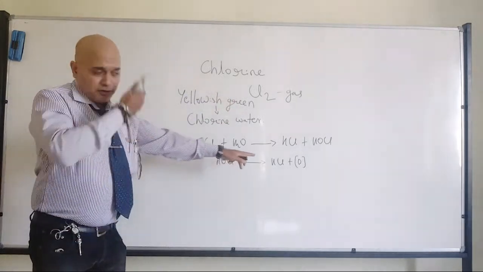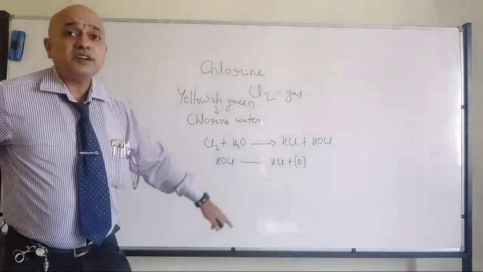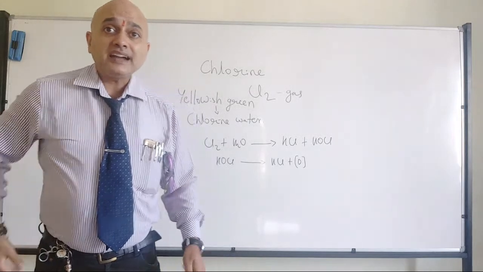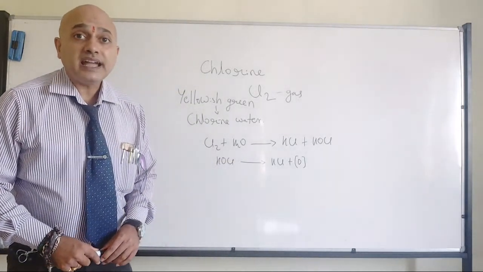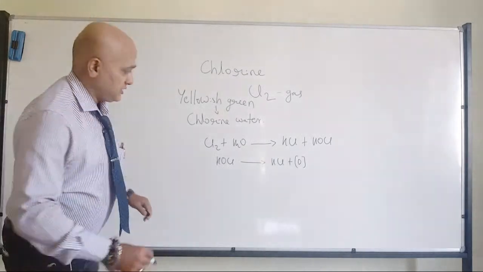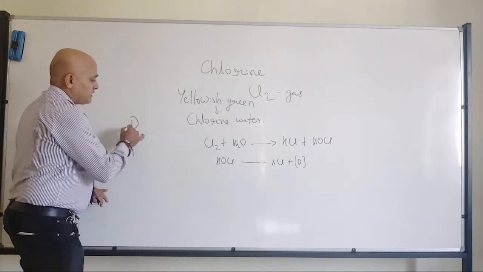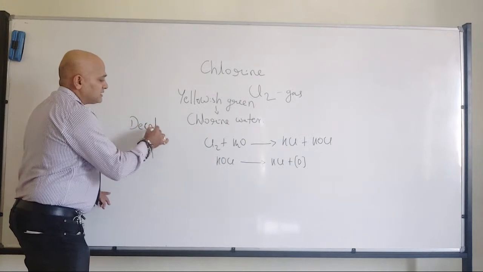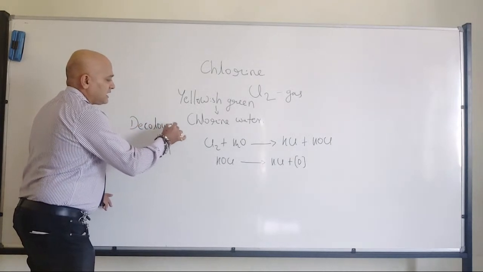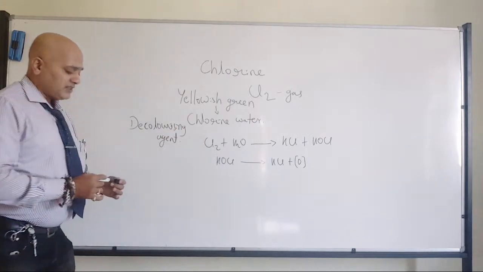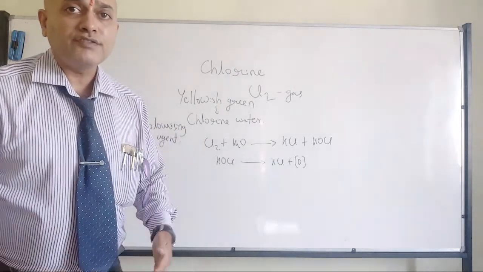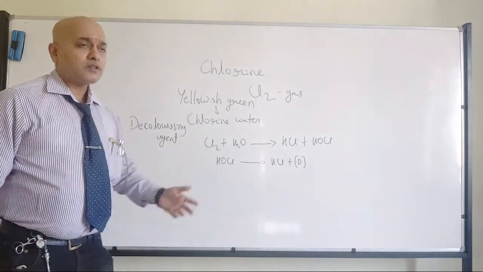So due to the formation of nascent oxygen, it can act as an oxidizing agent. Further, it can be acting as a decolorizing agent. Give reason for the decolorizing property of the chlorine water or chlorine.